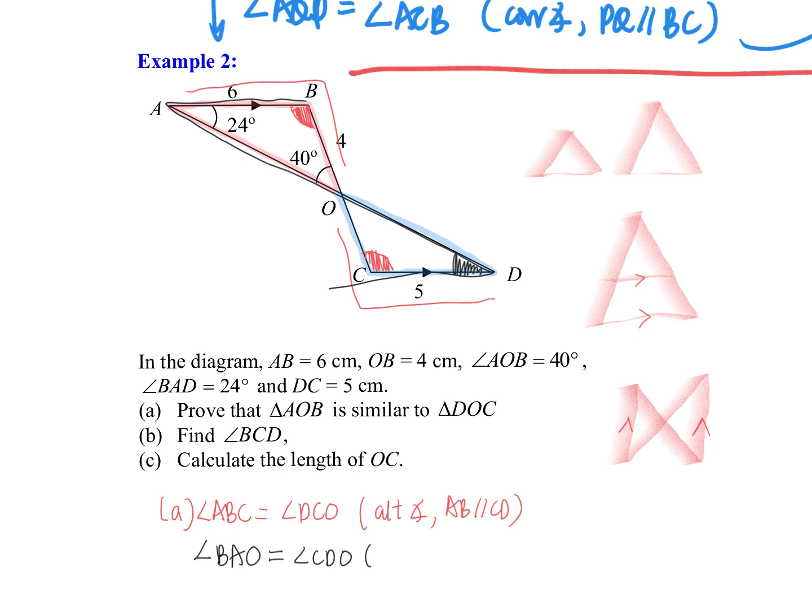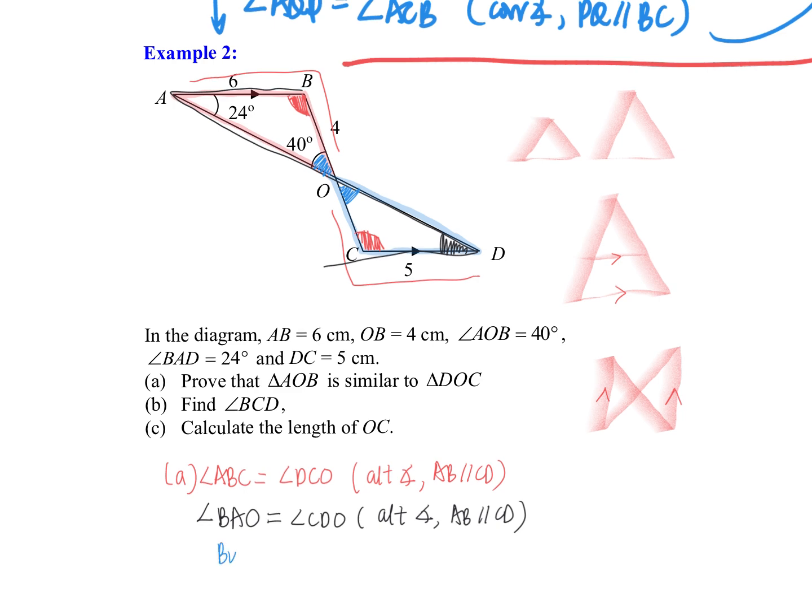Okay, the order is important. So again, alternate angle, AB parallel to CD. If you want to write vertically opposite angle also can. So these two also equal. But no need to show all three, just two is enough. So by AA test, this triangle is similar to this triangle. Okay?